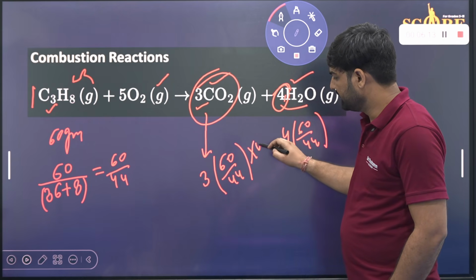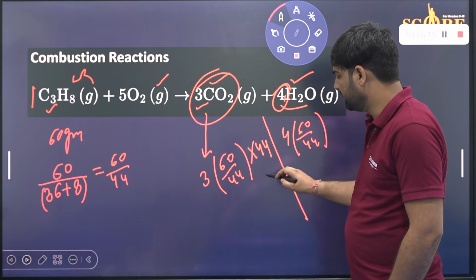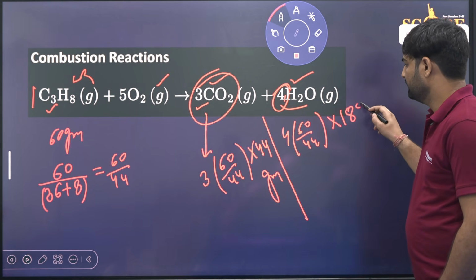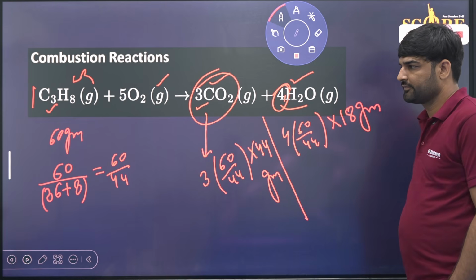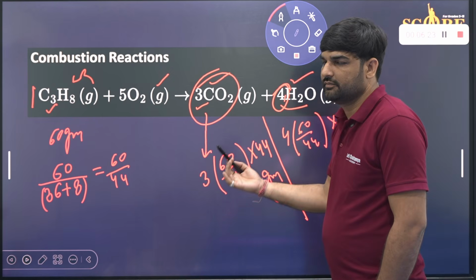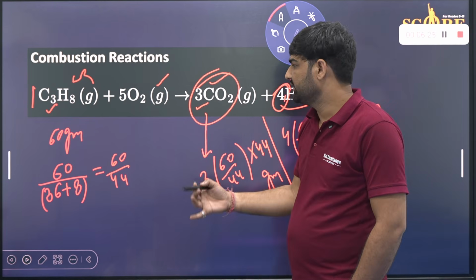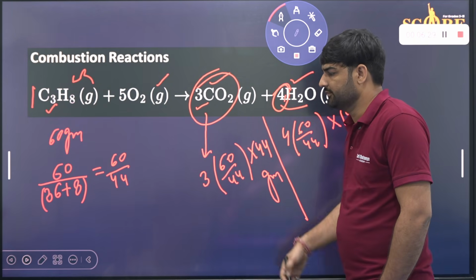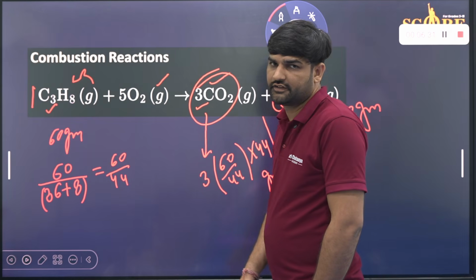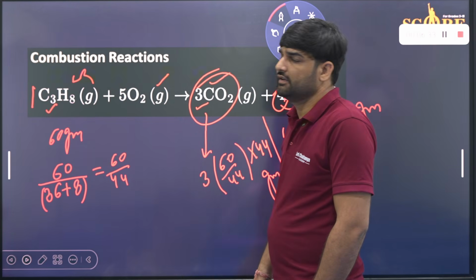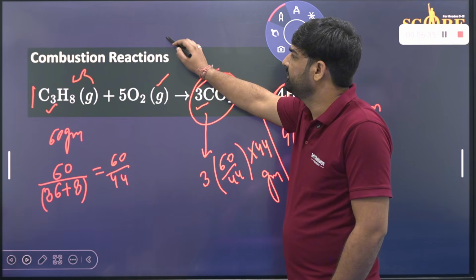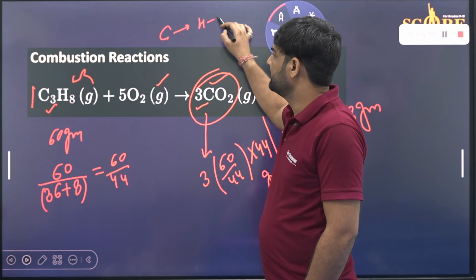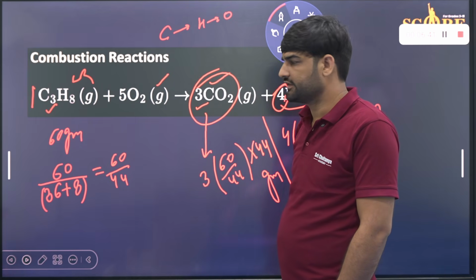If you want to find the mass, you have to multiply by the molar mass, 18 gram. So this was about combustion reaction, how we can calculate the mass of the product formed, and balancing of the combustion reaction. For balancing there is a certain pattern: first we balance carbon, then hydrogen, then oxygen.